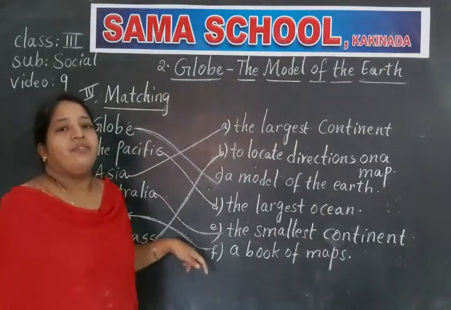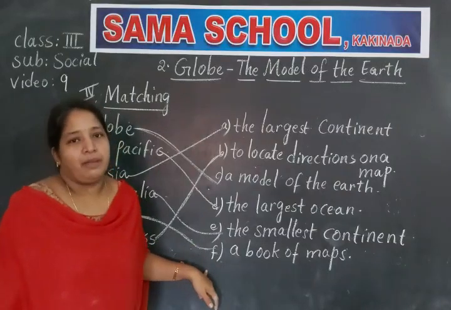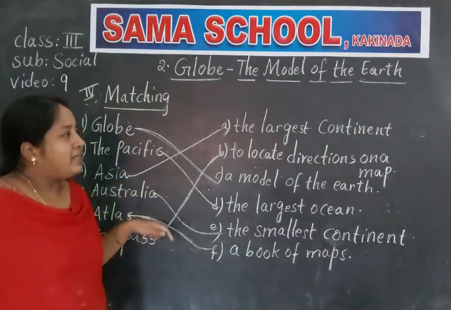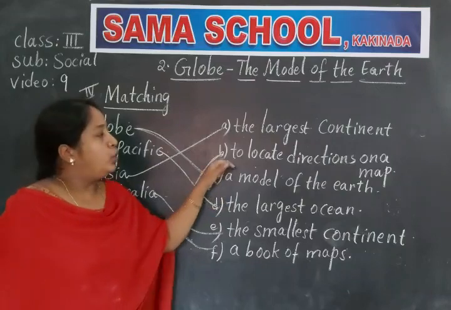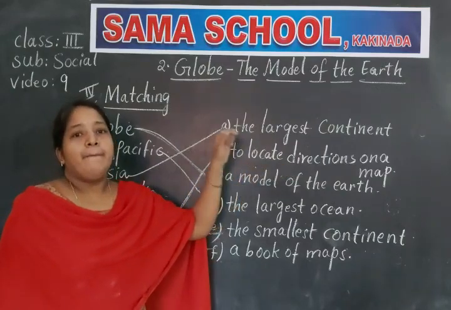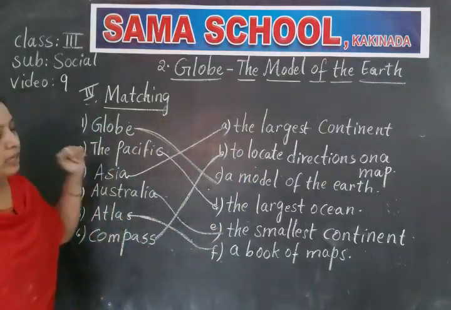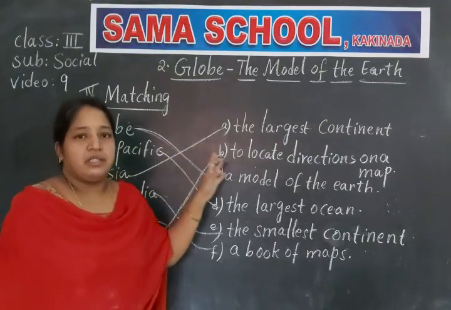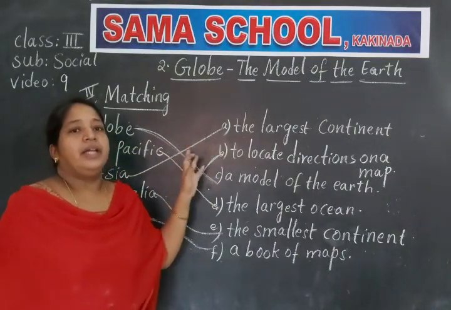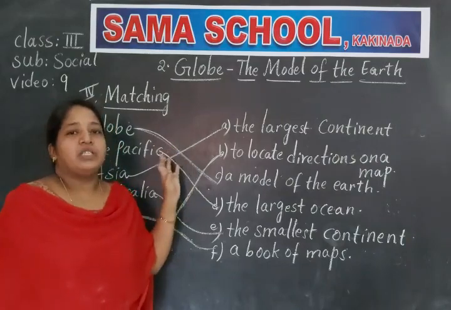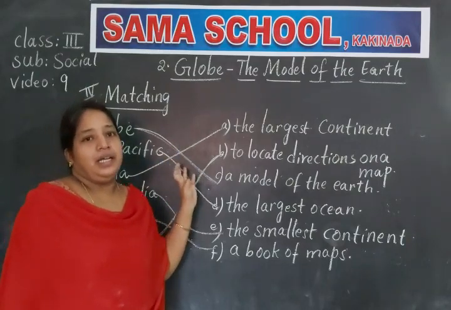In every map you will find this compass at the top or at the bottom, and it helps to know the directions on a map. Now tell me children, what are the four directions you learned? Yes, north, south, west and east. You have to remember these four directions clearly.